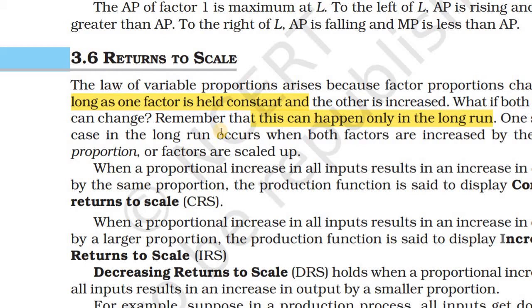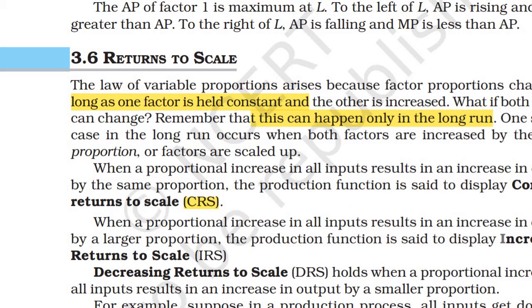When a proportional increase in all inputs results in an increase in output by the same proportion, that is, we increase all inputs, labor and capital, and due to that our output also increases in the same proportion, we call it constant returns to scale.